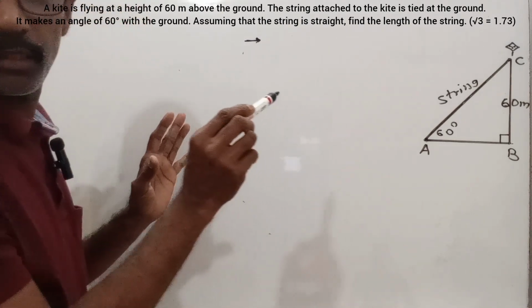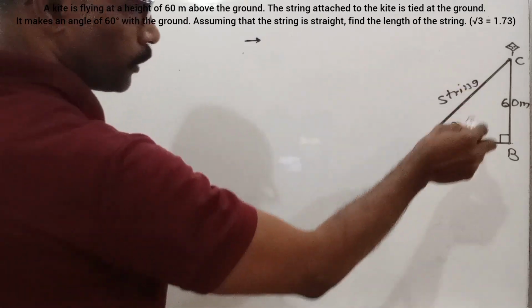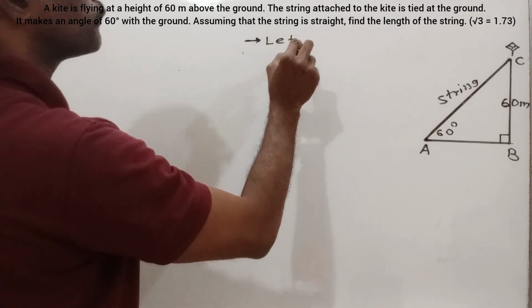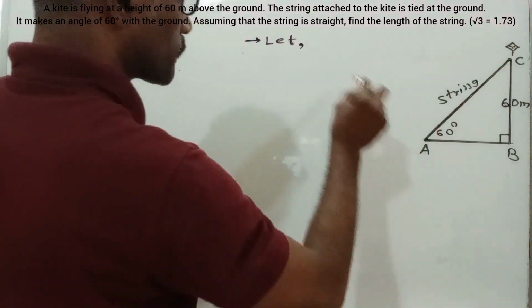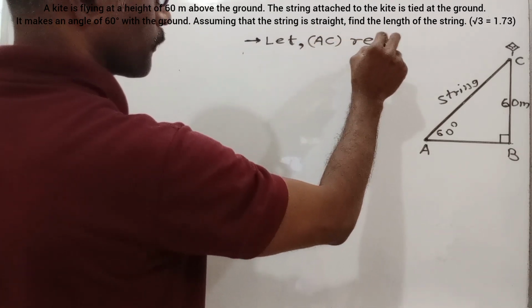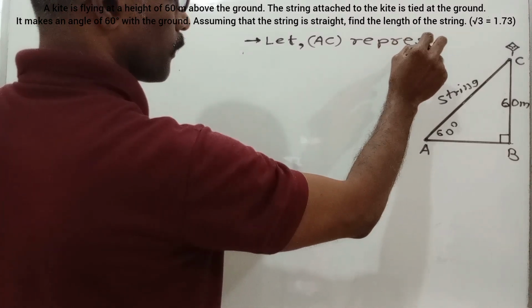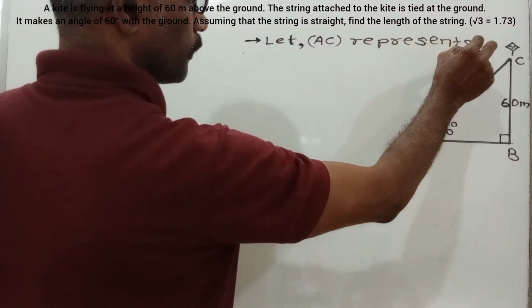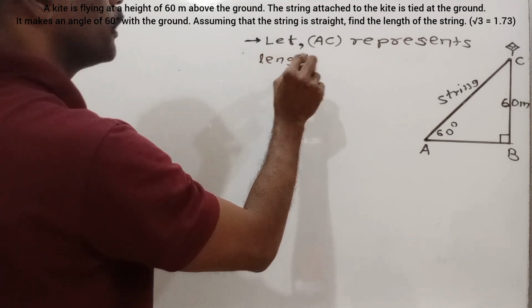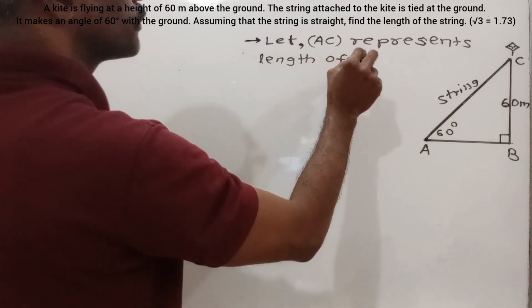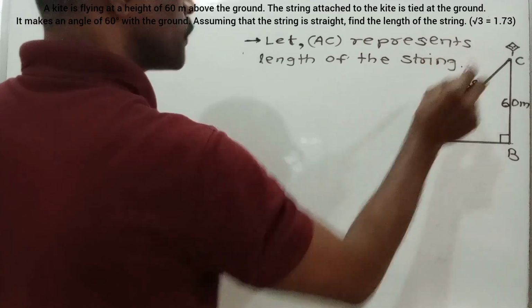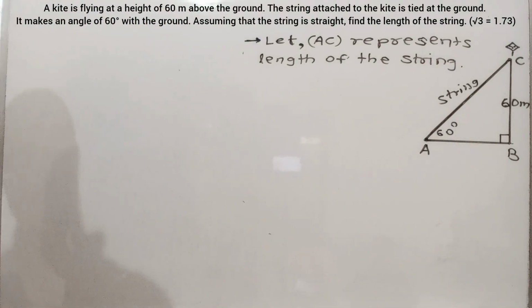Therefore, listen carefully and look at this board. Now here, let AC represent the length of the string.